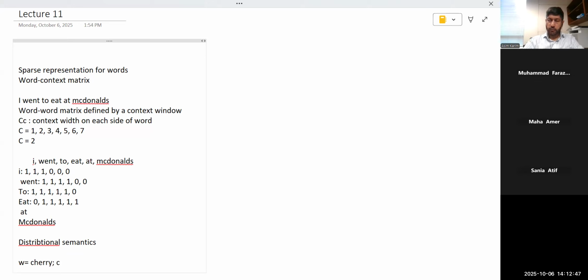Or let me say I take the context word digital. So would you likely find cherry close to the word digital, even if you take a large corpus? So it's unlikely.